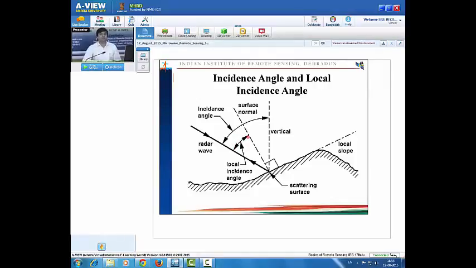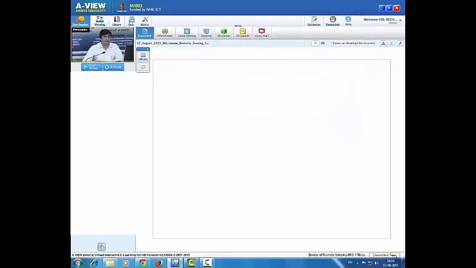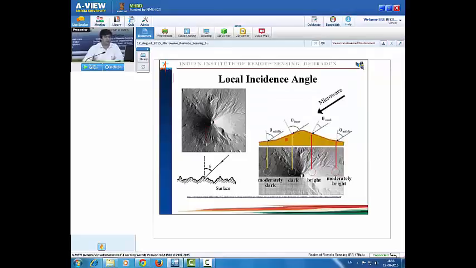To extract the exact backscatter amount from hilly terrain, one should be able to extract the local angle of incidence also. Local angle of incidence information can be easily extracted from an external DEM. Now in the next slide, you can see how the backscattering changes due to the change in the local angle of incidence.